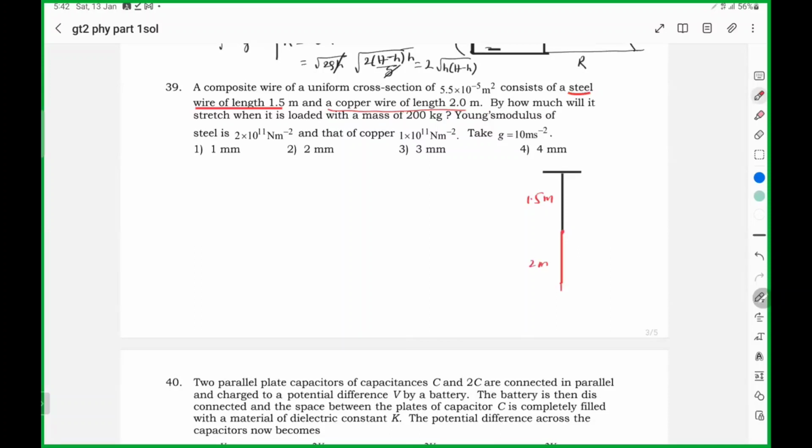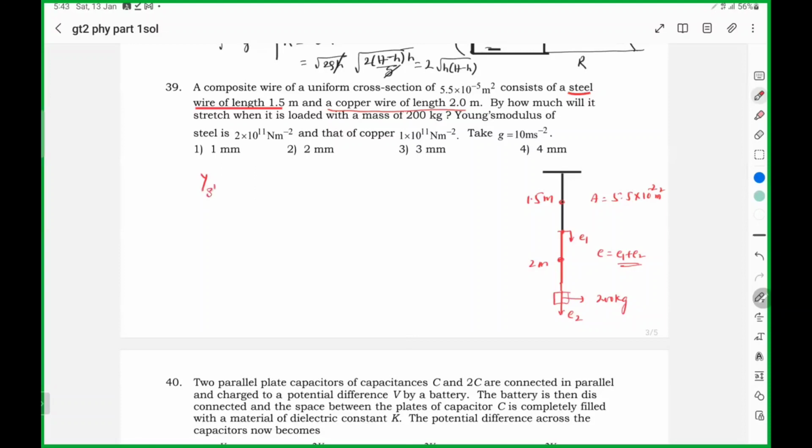The area of cross section for both of them is 5.5 into 10 power minus 6 meters square. How much will it stretch if a 200 kg weight is attached? So in the first wire there may be extension e1, in the second wire e2, and the net extension will be e1 plus e2.